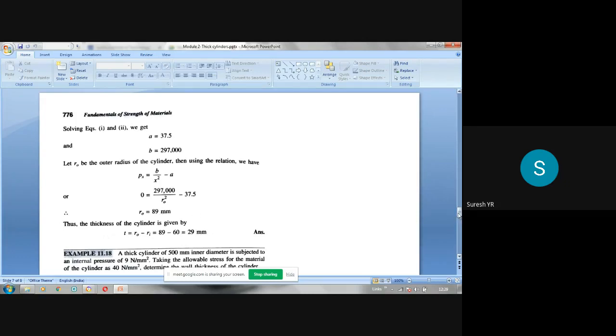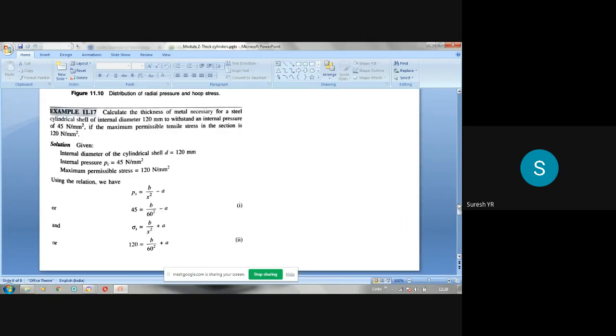So if thickness is greater than 1/10th of the internal diameter, then it's a thick cylinder, whereas in a thin cylinder, that ratio will be less than that. So depending on the data, we have to use the boundary condition. Boundary condition means those two Lami's equations only, one for radial pressure, another for hoop stress.